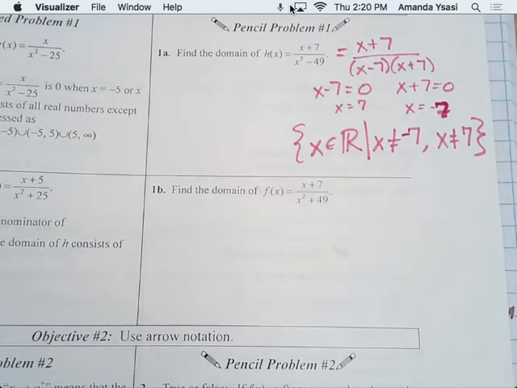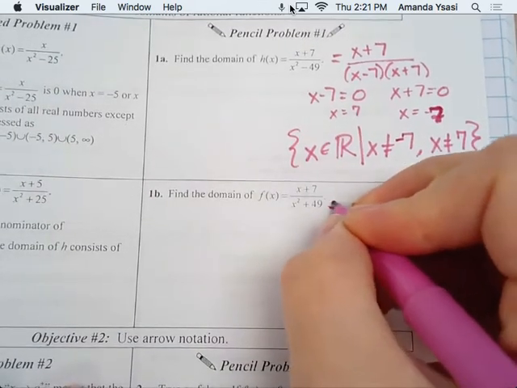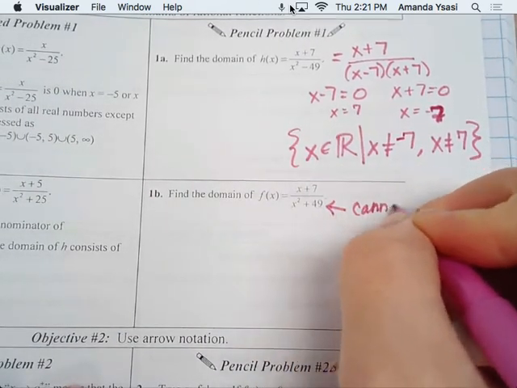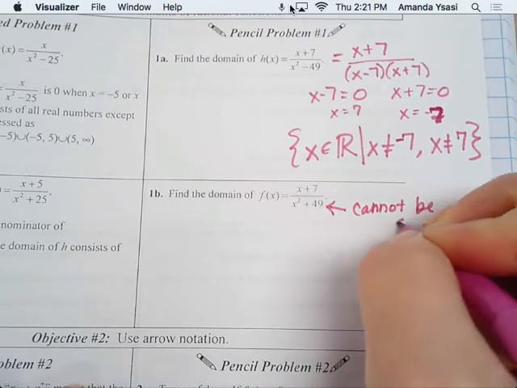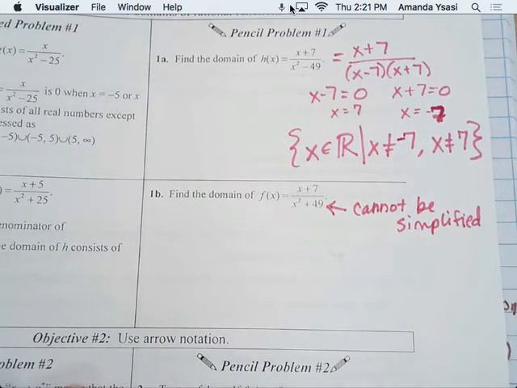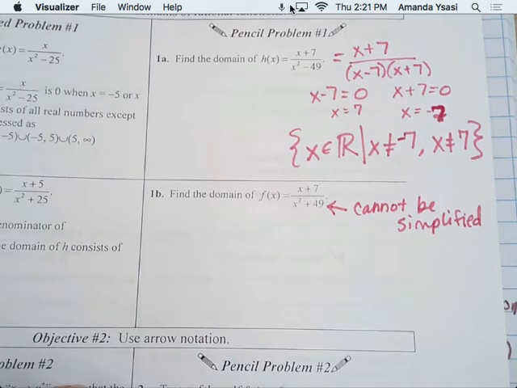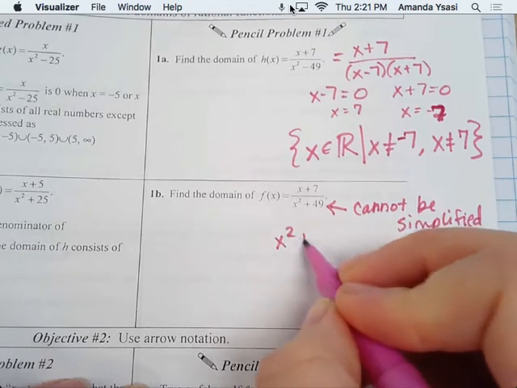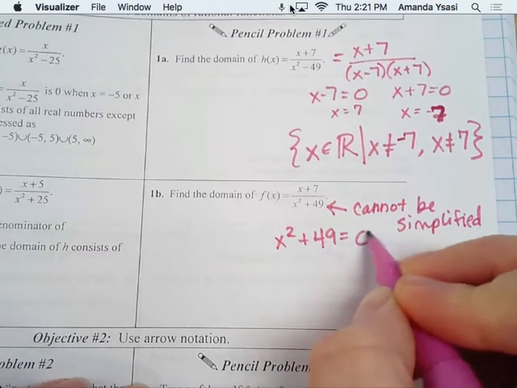On 1b, can we simplify that denominator? No. So will this ever equal 0?